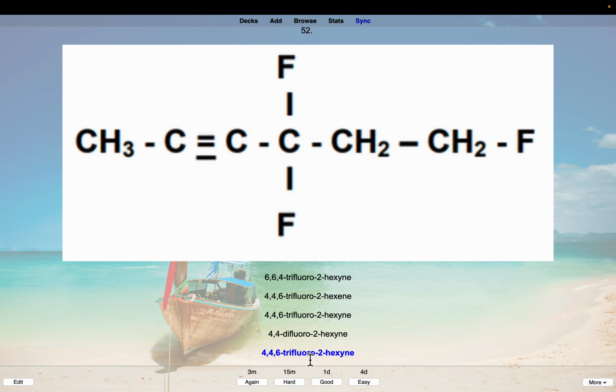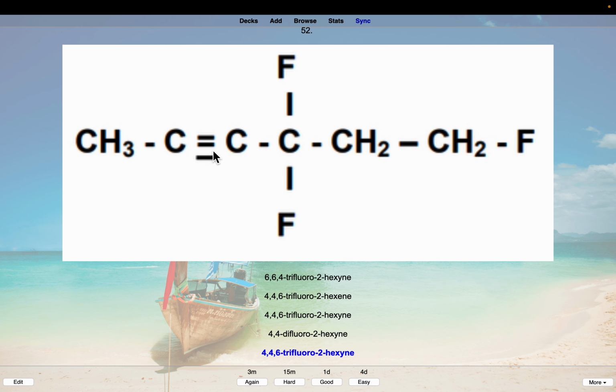What's the answer? 446 trifluoro 2-hexyne. Let's see why this is the answer. So 446, where did these numbers come from? 2-hexyne can also be written as hex-2-yne, as in the 2 is in between hex and yne, because in the second carbon we see that it is connected with a double bond.